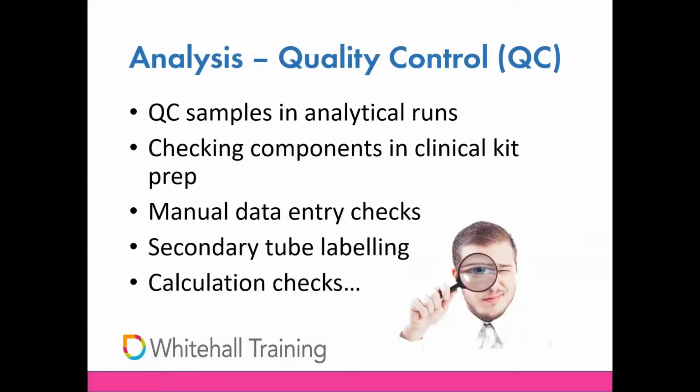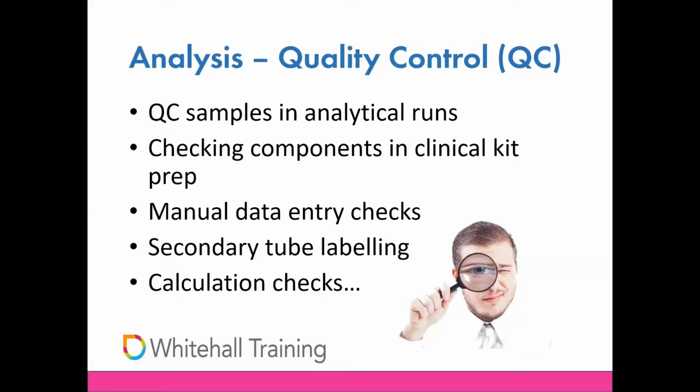Quality control checks need to be an integral part of the lab's activities. What they are, their frequencies and so on, should be included in the laboratory's SOPs and methods. And examples include the use of QC samples in analytical runs, checking components in clinical kit preparation, manual data entry checks, secondary tube labeling, checks on calculations, things like that.